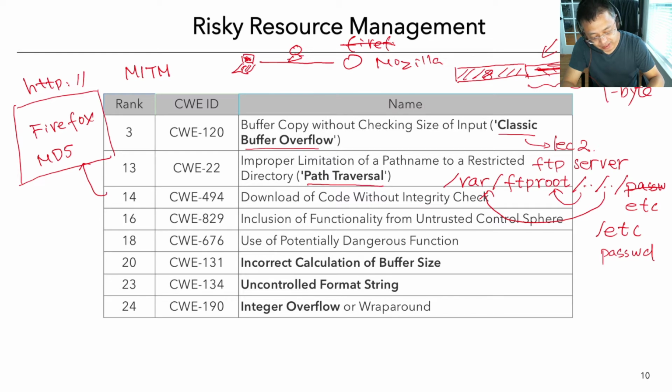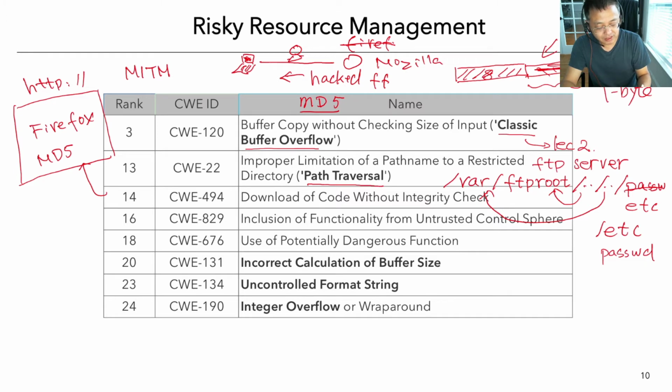So the attacker can give you a hacked Firefox, right? At the same time, it's going to update the page to update the MD5. Okay. Now at your computer, right?